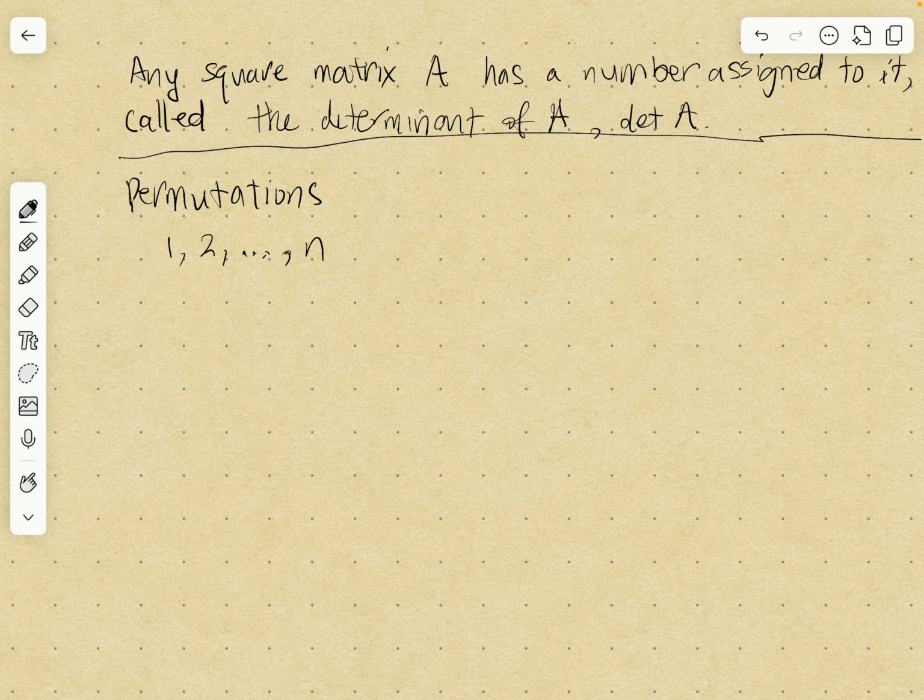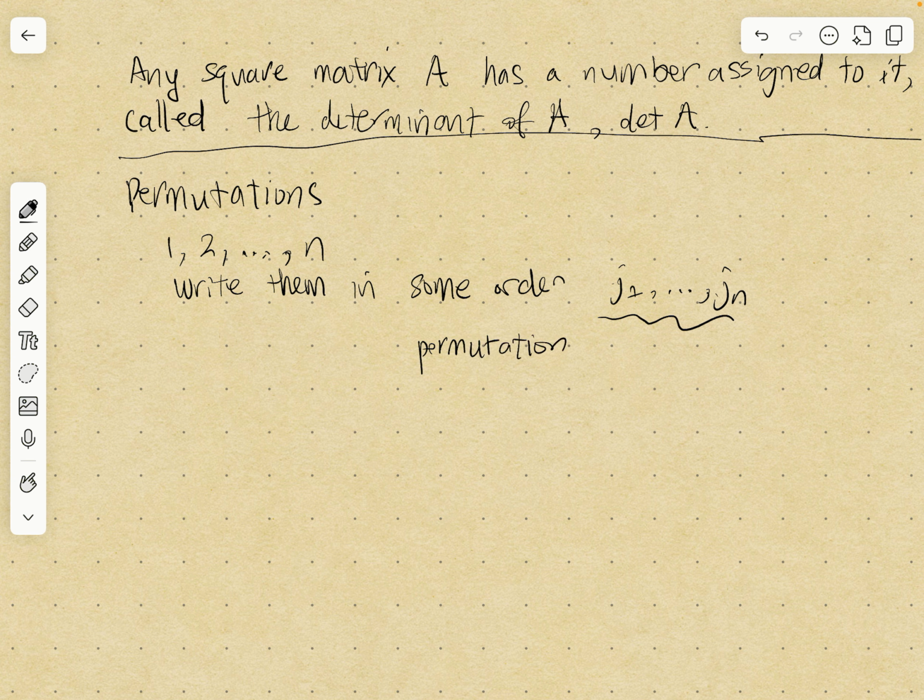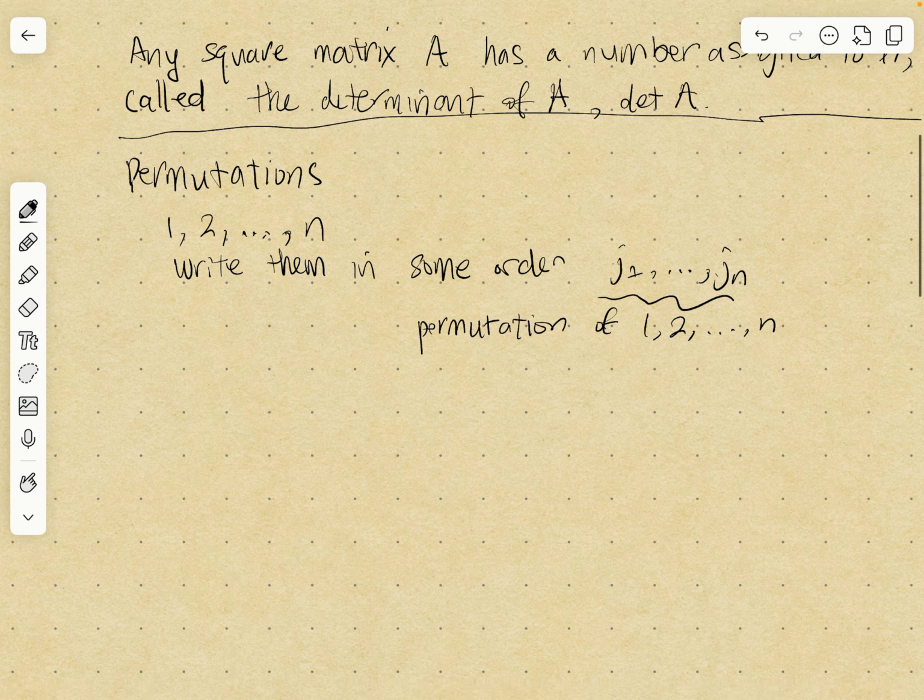Now if you write them in a different order, well, not necessarily a different order, but in some order, say J1 through Jn, this is called a permutation of the integers 1 through n. So you're just writing them in a different order.